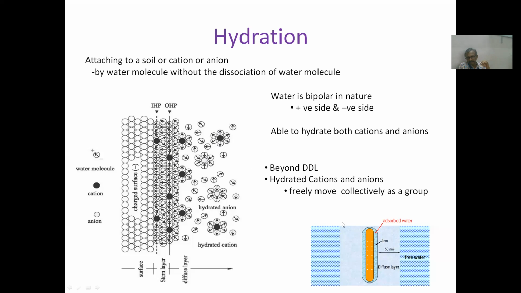But when they are in the diffuse double layer, they will not be able to move freely. So this is the clay particle, then the Stern layer, and this is the diffuse layer. In these places, the hydrated cations and anions will not be able to move freely. If they are not able to move freely, then your infiltration process gets affected. That should be understood with this image.